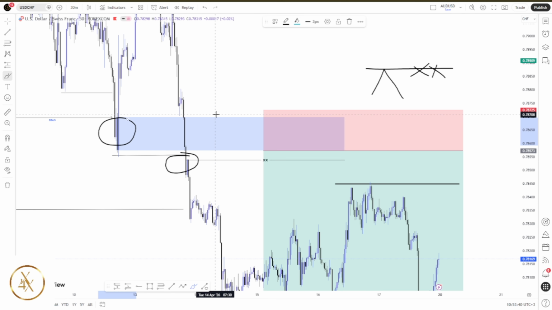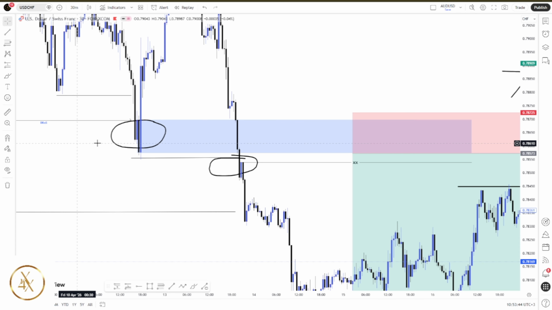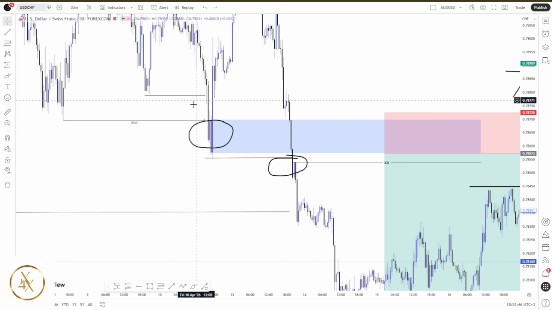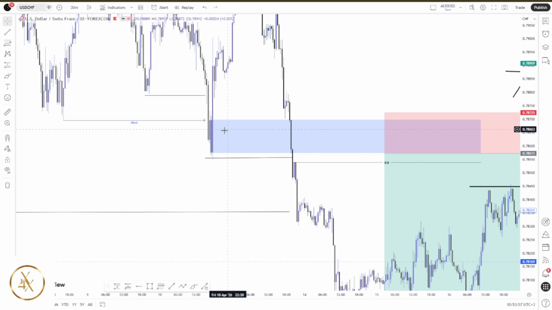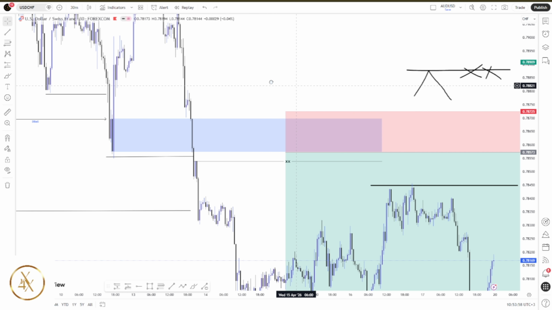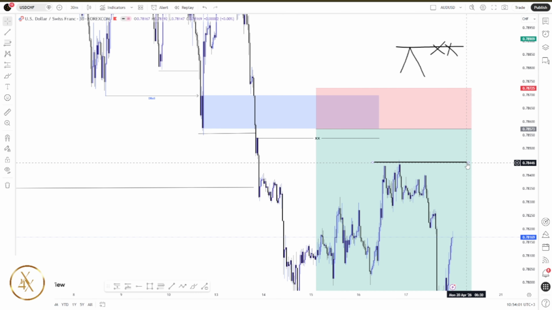Perfect. It's on the 30. So you can tell that it is immediately after my inducement, and on the 30, it is a 30-minute order block. You can see I cover the whole of it, and I'm just waiting for price to come back to continue the shorts.